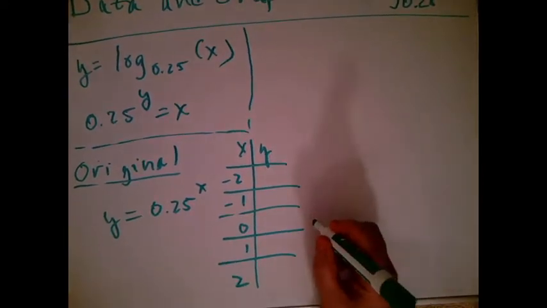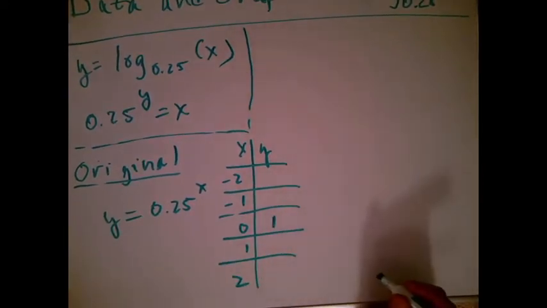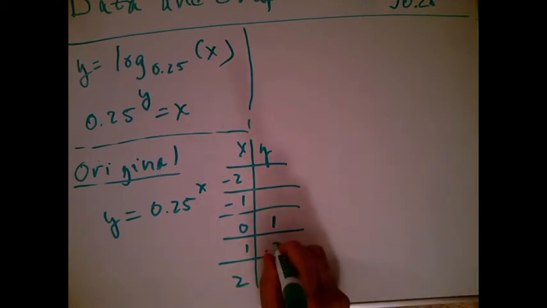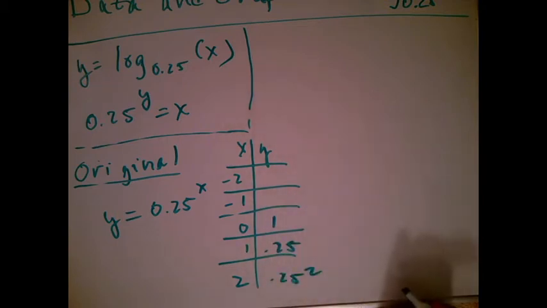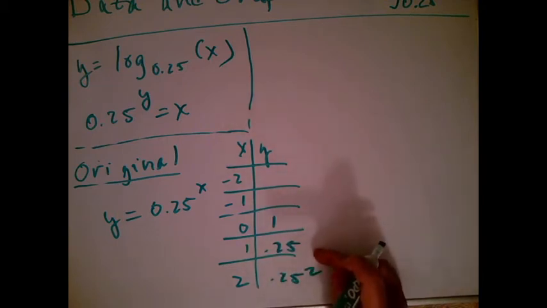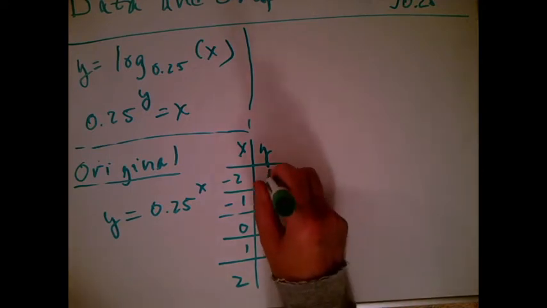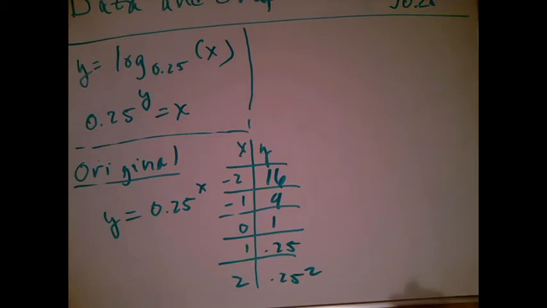I'm going to plug in 0 and get 1. I know that every time x goes up by 1, I keep multiplying by 0.25, right? So this is going to be 0.25, this is going to be 0.25 squared. Now, from here to here, I divided by 4, so from here to here, I multiply by 4. So I'm going to get 4 here and 16 there, like that.